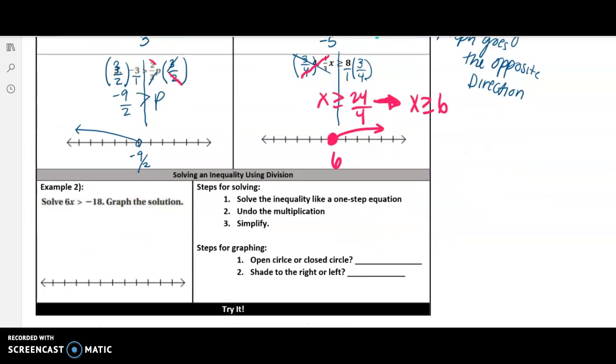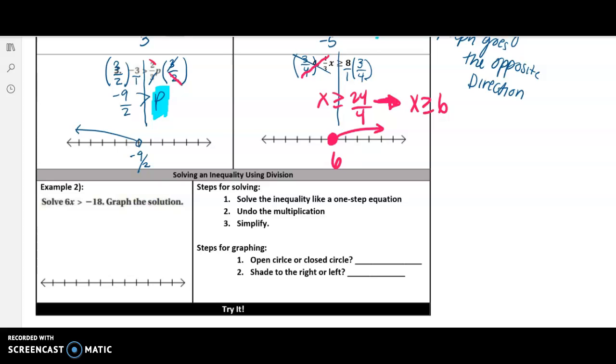For number 3, we have 2/3 times p, and so we are going to multiply by the reciprocal. We multiply by the flipped fraction, so we multiply on both sides by 3/2. That cancels out everything next to p, and that leaves p by itself. And then -3 times 3 is -9. 2 times 1 is 2.